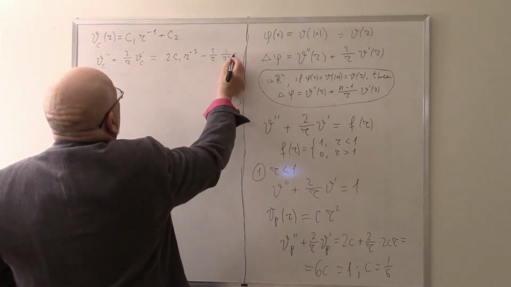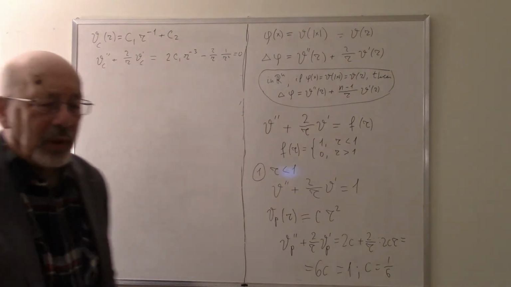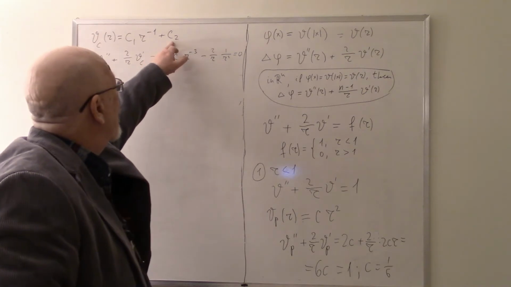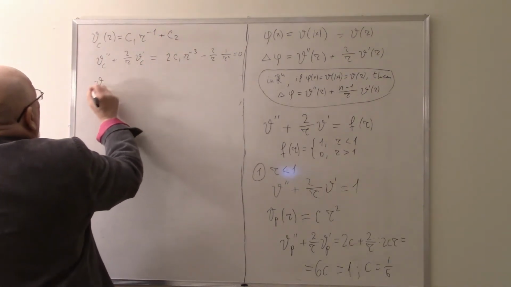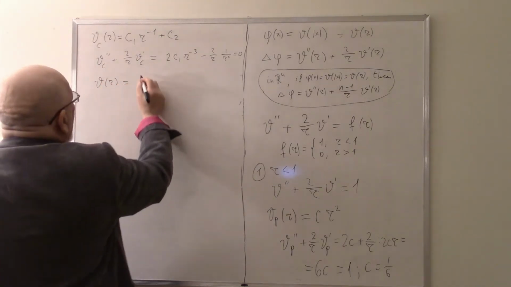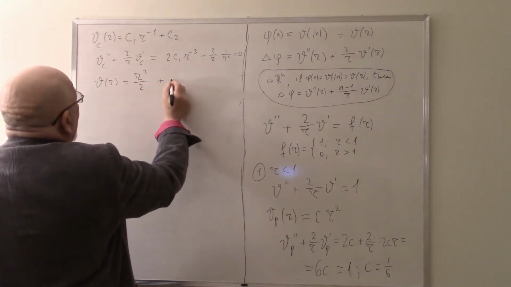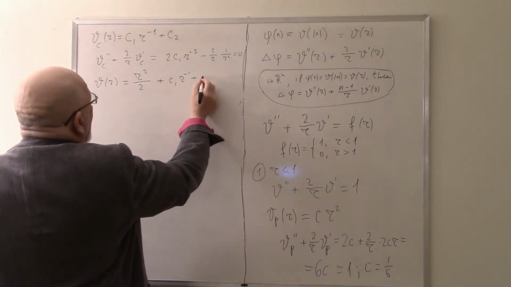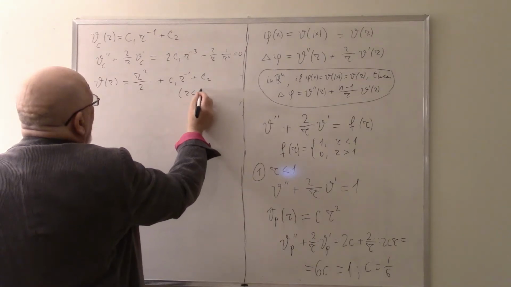Yes, which is 0. So this term gives a solution of the homogeneous equation, and this is, of course, V of r equals r squared divided by 2 plus C1 r^-1 plus C2 if r less than 1.